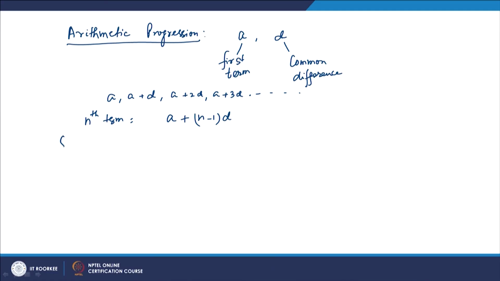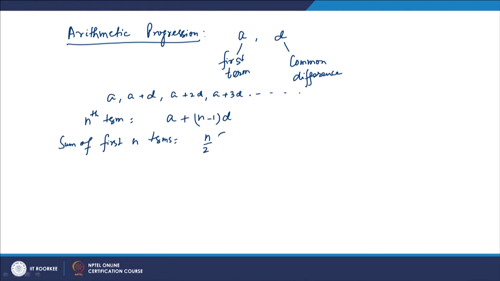We also sometimes need to know the sum of the terms, suppose the sum of the first n terms. Many of you must have studied how we find the sum of n terms.